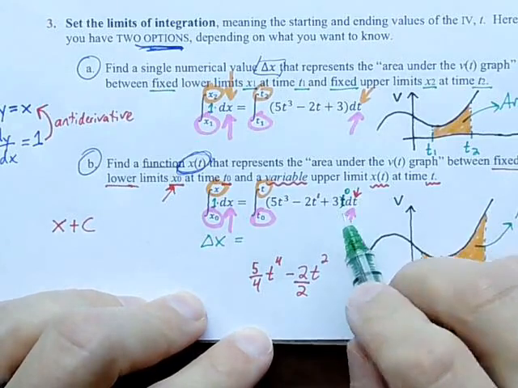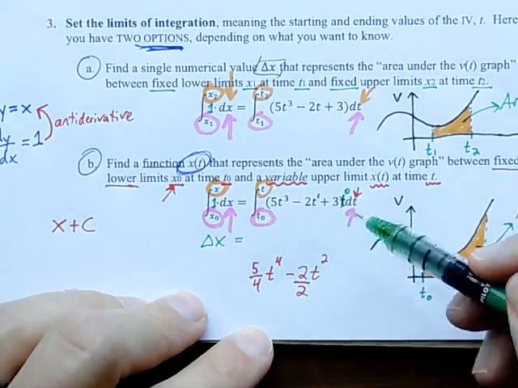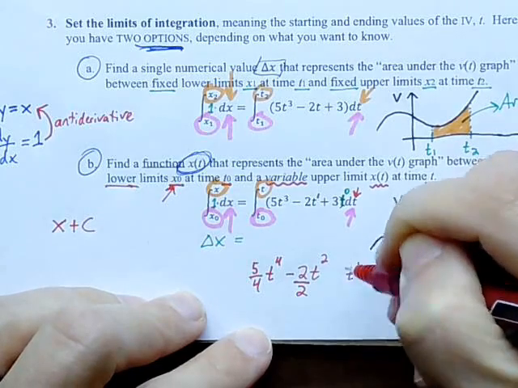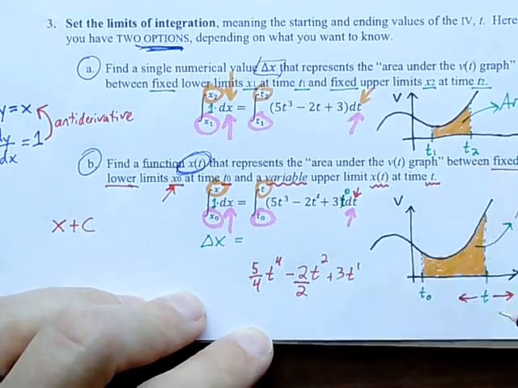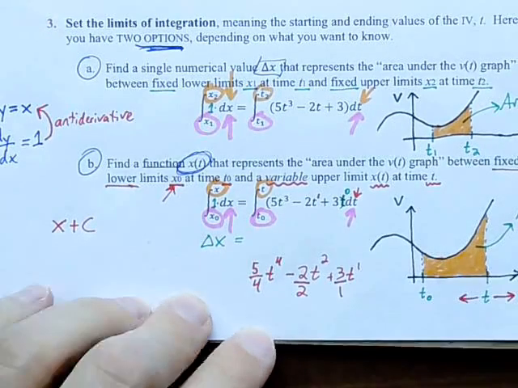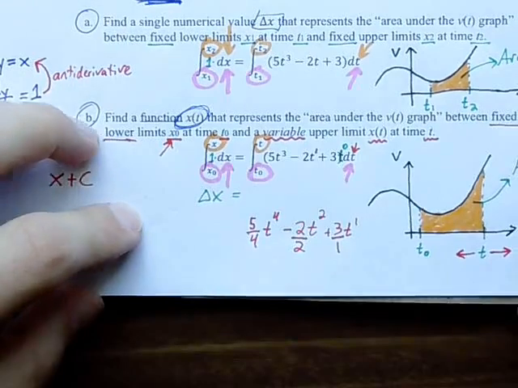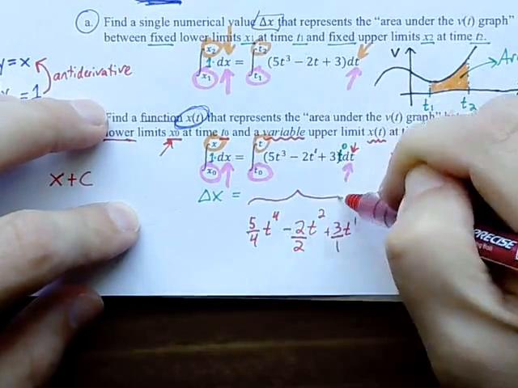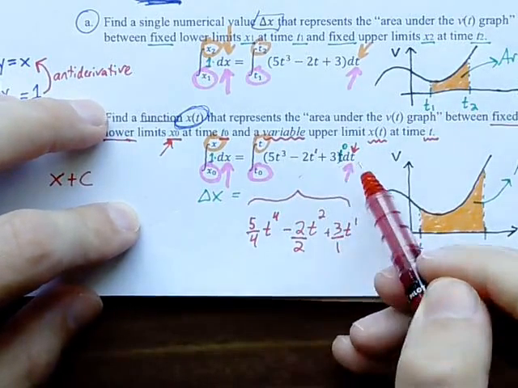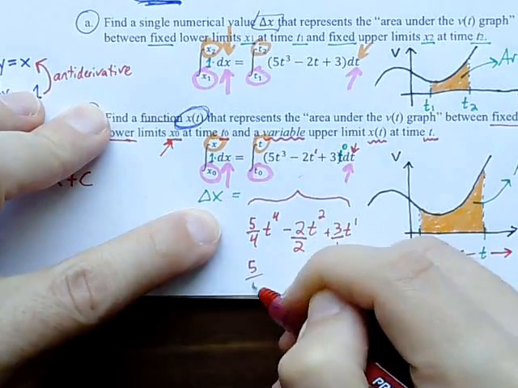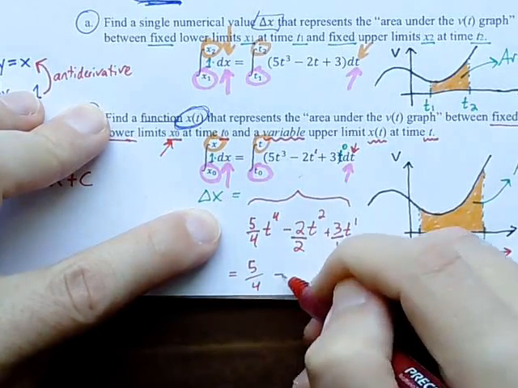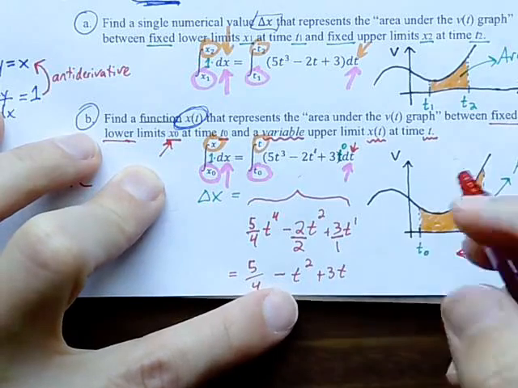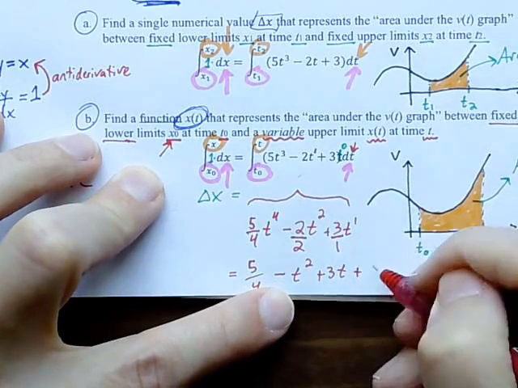Sorry, that's so small, but 3 times t to the 0, because t to the 0 is 1. 0 plus 1 is 1, so we get a t to the 1, and then take the coefficient 3 and divide by the new exponent. Let's simplify that. So the antiderivative of this polynomial with respect to time will be 5 quarters t to the 4th minus t squared plus 3t, and then once again we'll have to add in a constant, c.